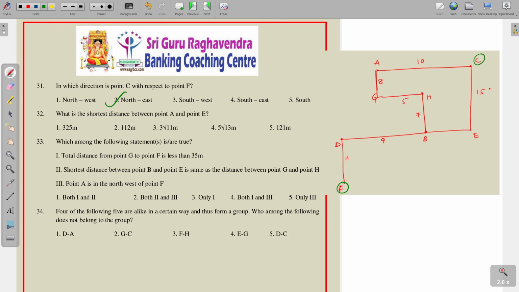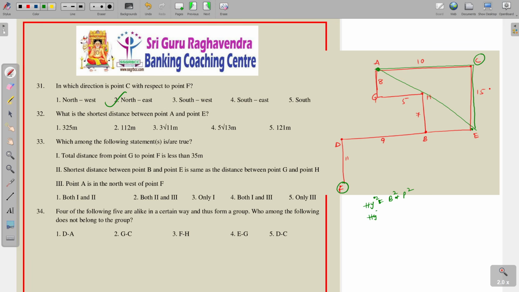What is the shortest distance between point A and point E? So point A here and point E here, what is the shortest distance? We need to find the distance. So see, A to C is 10 meters and C to E is 15 meters. Apply the Pythagoras theorem. What is the Pythagoras theorem? Hypotenuse square equals base square plus perpendicular square.